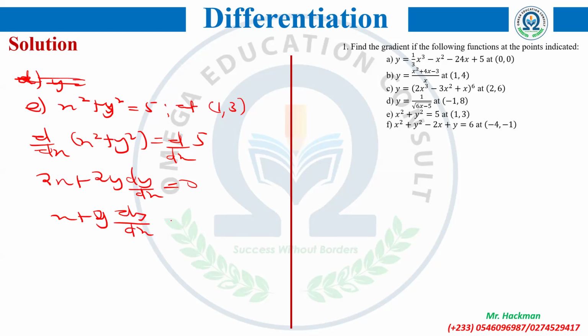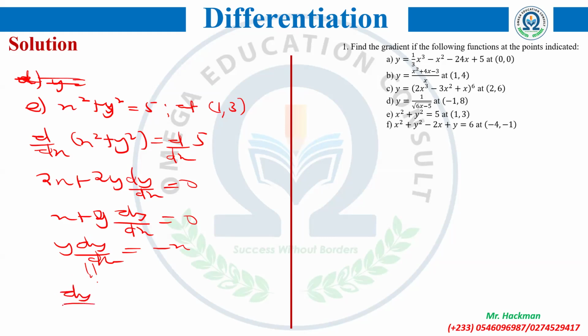Or you can later divide, which is what we did in the first example. That's the more reason I'm giving you this alternative. So I will get what? My y dy/dx will be equal to what? Minus x. So I will write it again and divide. I'm not asked to find dy/dx. I'm asked to find the gradient, so I cannot write therefore.